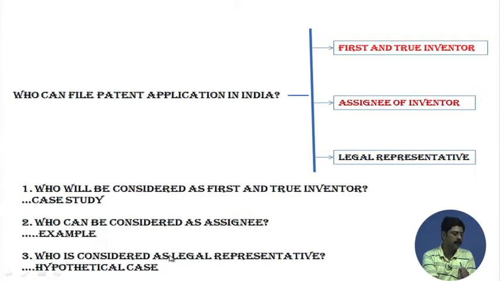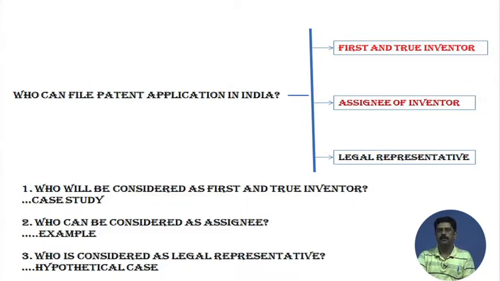So, who is considered a legal representative? Let us consider a situation where Mr. X has invented something. During that process Mr. X has passed away, but he has executed some legal instrument to pass all his legal or equitable rights to somebody.